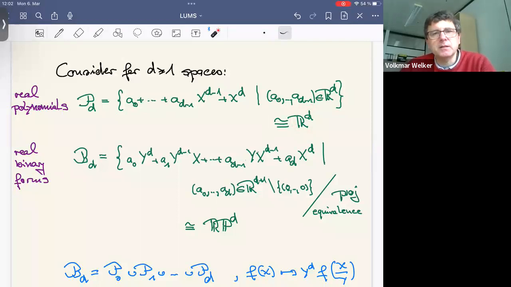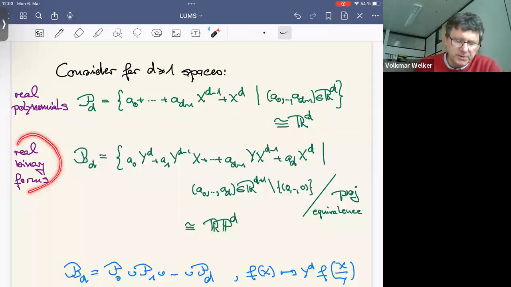There is a second, related space where our methods extend to. Actually, for proving something about this space, we sometimes have to prove something about this slightly more complicated space, namely real binary forms.